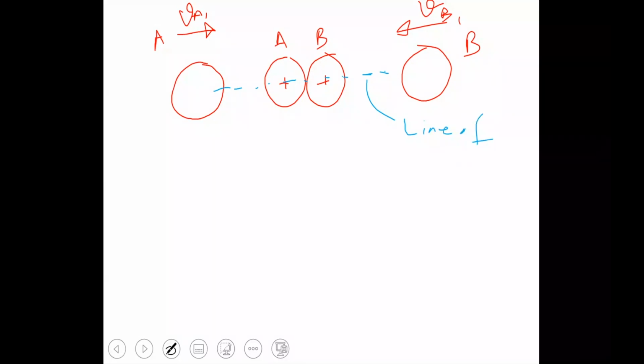So whenever you are asked what is the line of impact? Line of impact is basically an axis or a line which can be obtained by joining the mass centers of the two colliding particles at the time of collision. At the time of collision, if you join their mass centers, whatever line you get, that line is basically termed as the line of impact.